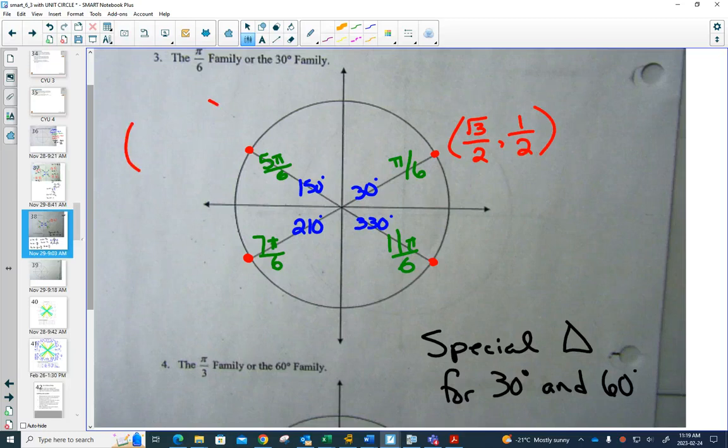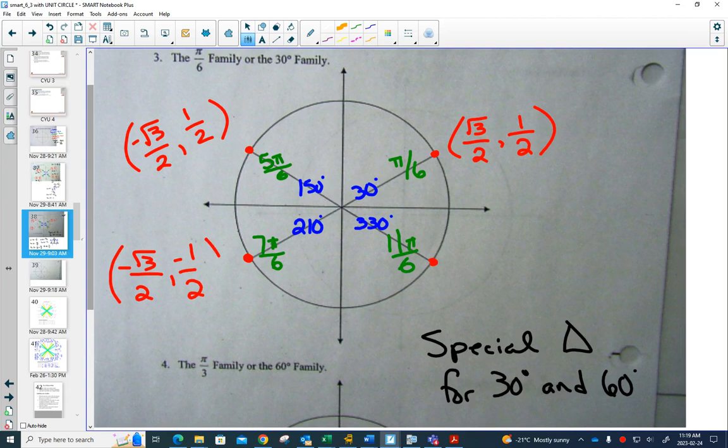I just have to think about what's going to be positive and what's going to be negative. So in quadrant 2, the x-coordinate would be negative, the y-coordinate is still positive. In quadrant 3, they'll both be negative. And in quadrant 4, my x-coordinate will be positive and my y-coordinate will be negative.